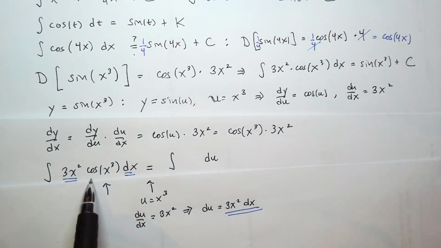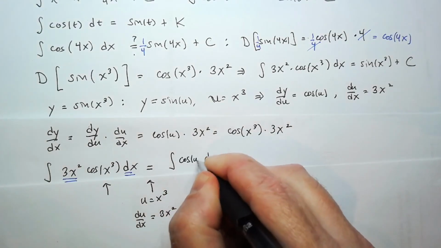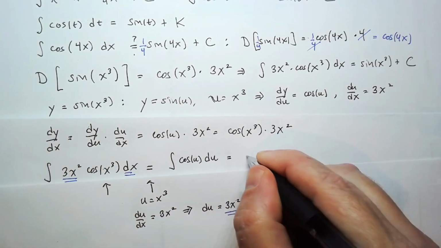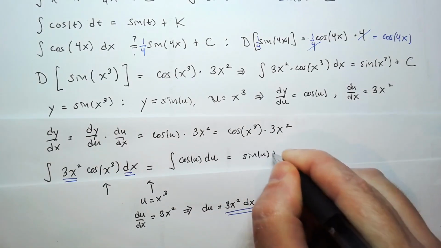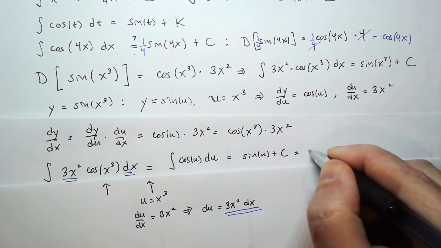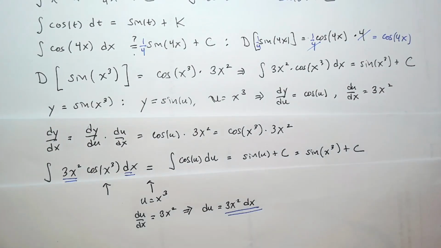The remaining part, cosine of x cubed, would become cosine of u. And now I have a very simple antiderivative, which we know is sine of u plus c. And then I merely need to resubstitute u equals x cubed to get my final answer, just as we had before.